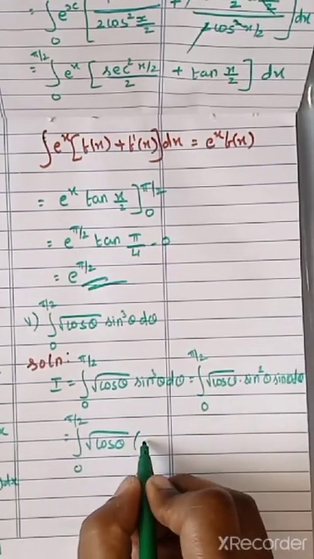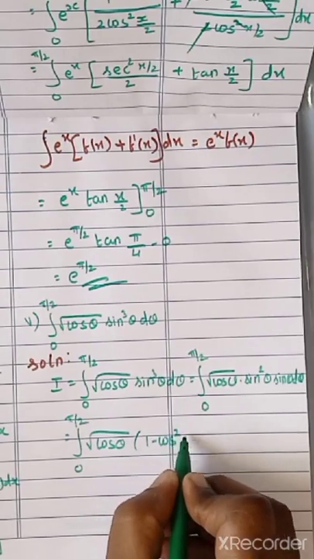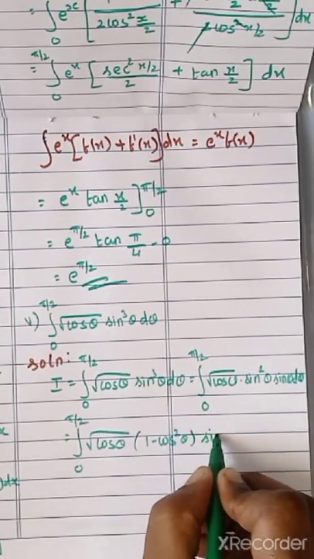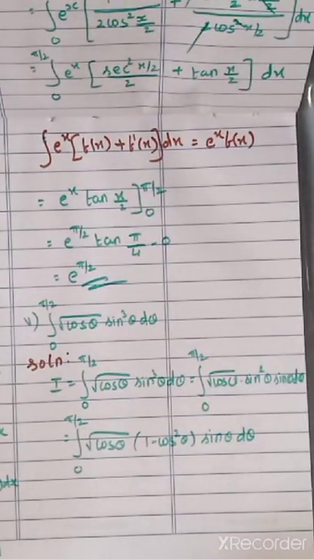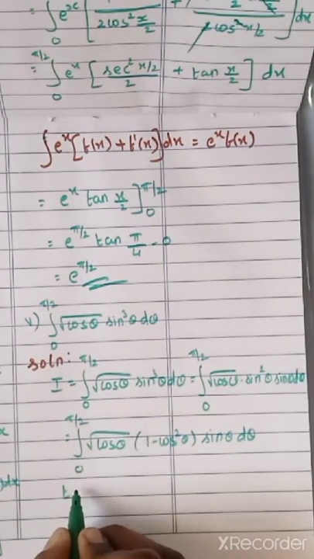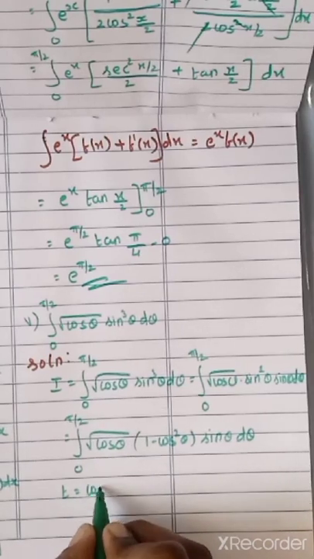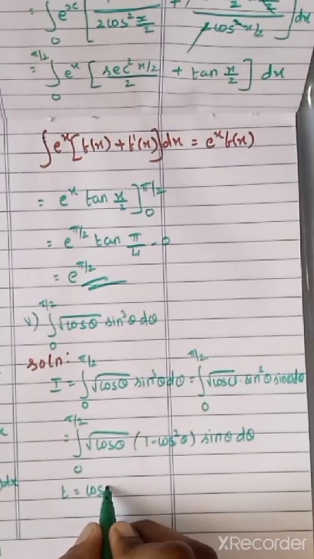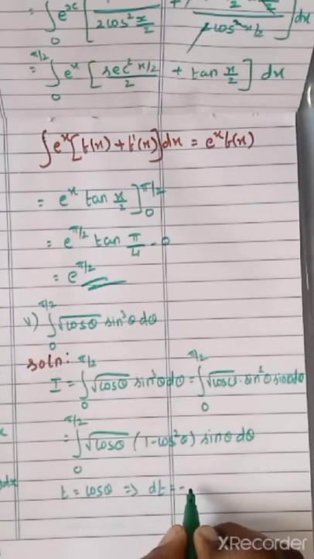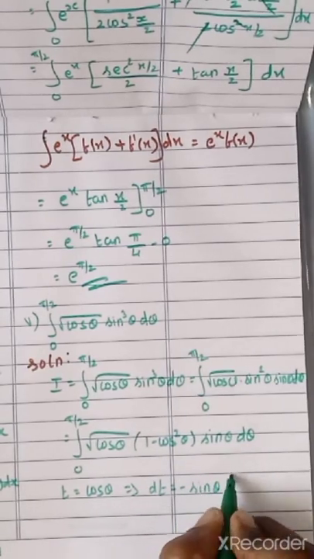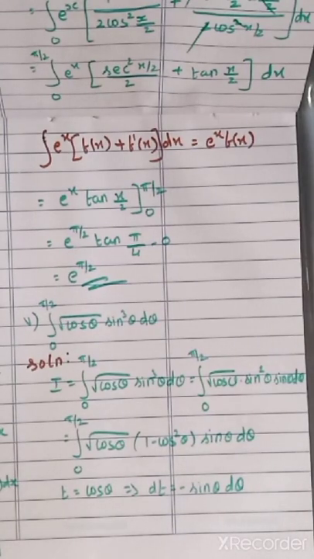The sin square, we can write as 1 minus cos square theta again into sin theta d theta. Now we are using substitution method. Let us take t equal to cos theta. So if I differentiate this one, I will get dt equal to minus sin theta into d theta.